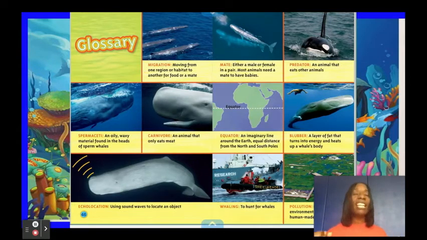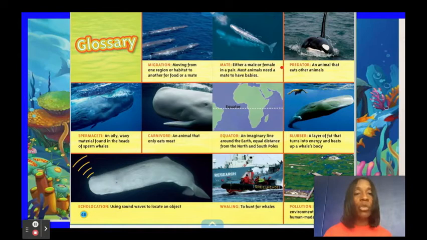So if you're not sure what that word means, you can look in the glossary. It tells us the meaning. And in this particular book, they give us a picture. Let's go to the next one. Mate, either a male or female in a pair. Most animals need a mate to have babies.